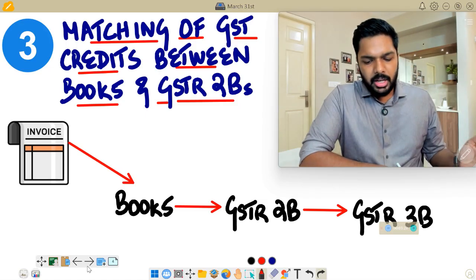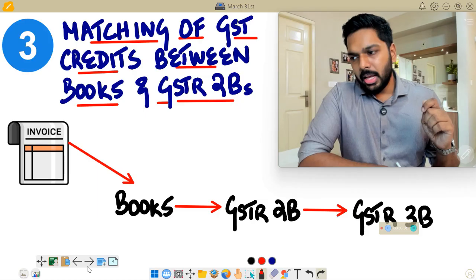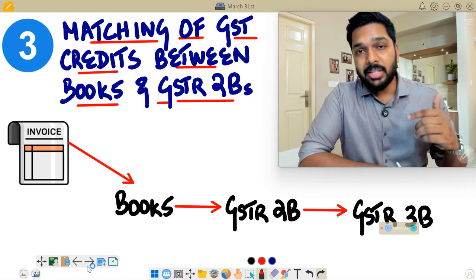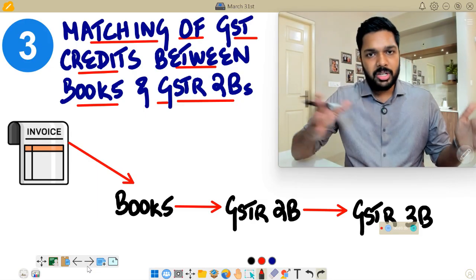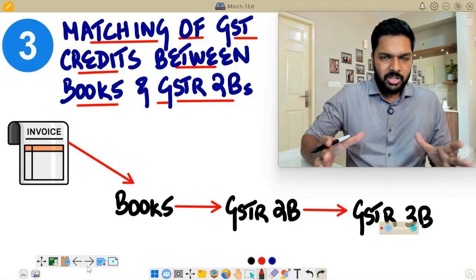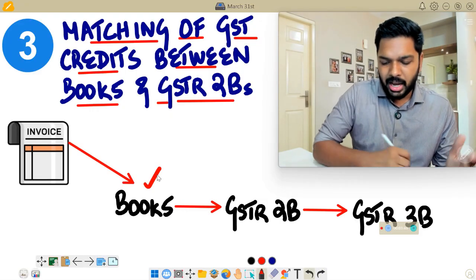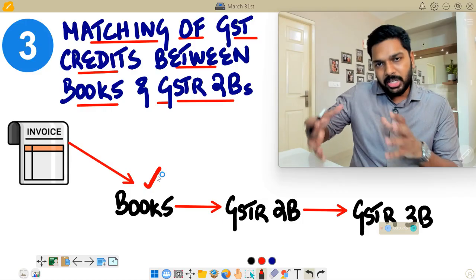The third one is also a matching check that is to be done, and this is again important because it relates to GST credits, the most talked about portion in the entire GST law, GST ITC. And this reconciliation that I'm talking about is between what is appearing in your books and what is appearing in your GSTR 2B.